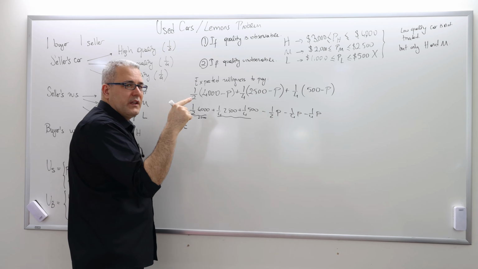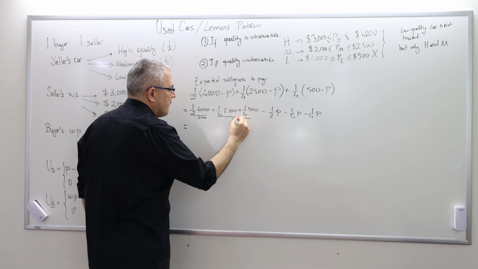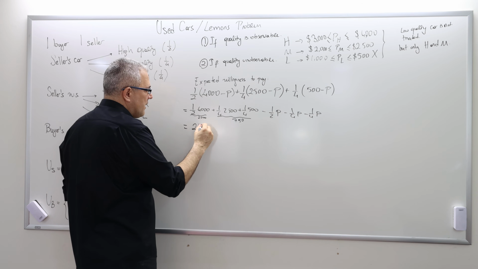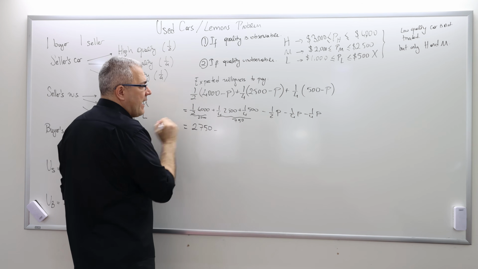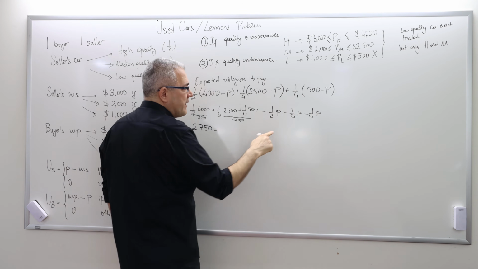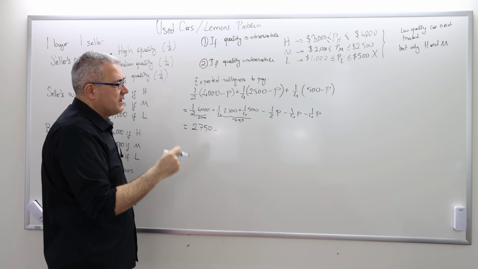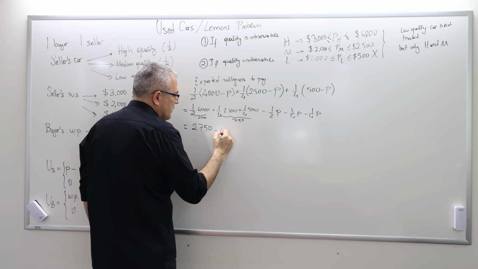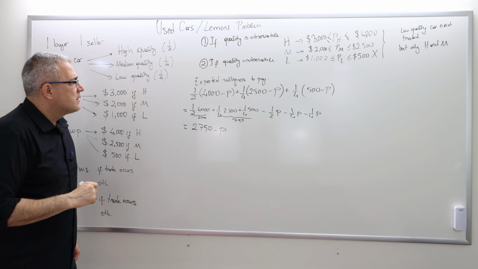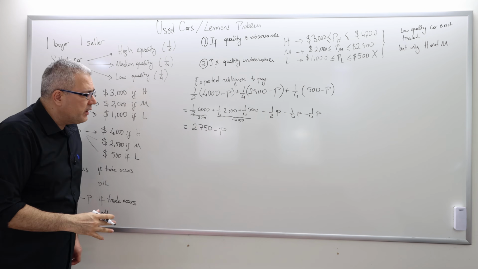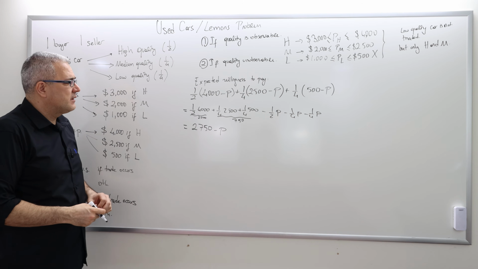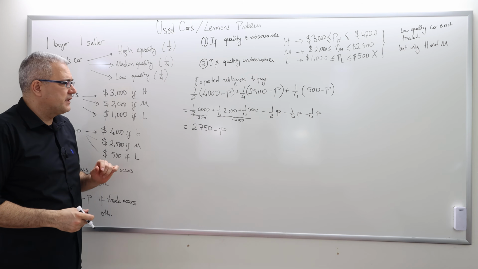If you divide 3,000 by 4, you're going to have $750. So therefore, it is $2,750 minus, if you take P into parentheses, you're going to see 1/2 plus 1/4 plus 1/4, so it's 1. So this is just minus P. So the expected utility of the consumers is 2,750 minus P.